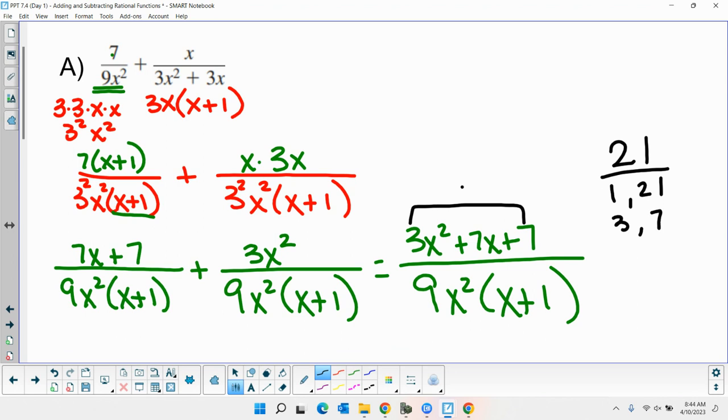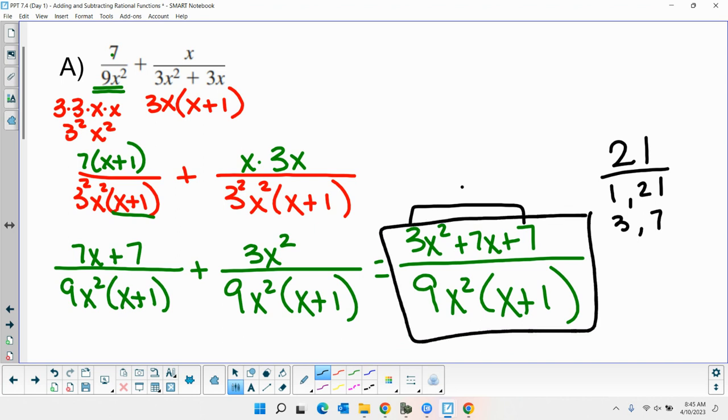That's it. Well, any of those add up to 7? No. So can I factor it? No. So I'm done. Since I couldn't factor that numerator and simplify that fraction, I'm done.